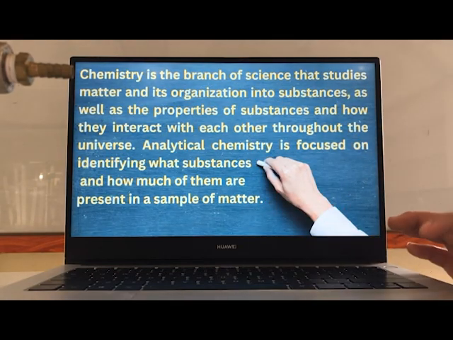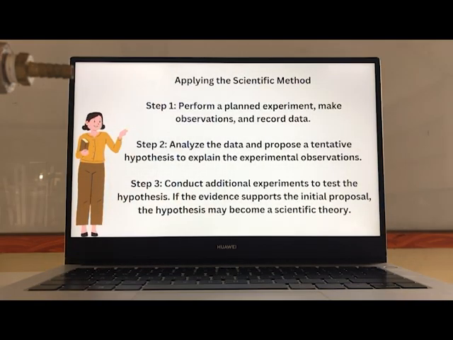Next. So hello, I am Eduardo III Cedino, the next reporter. So before we start our experiment, we are obliged to do a scientific method na structure ng mga steps. So we have 3. Step 1, perform a planned experiment.